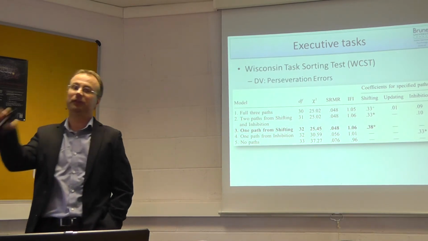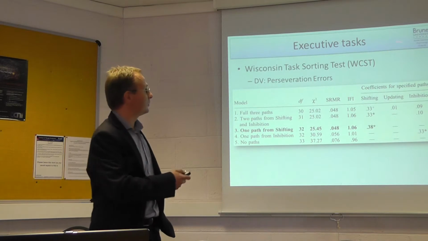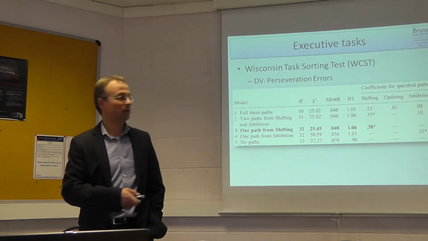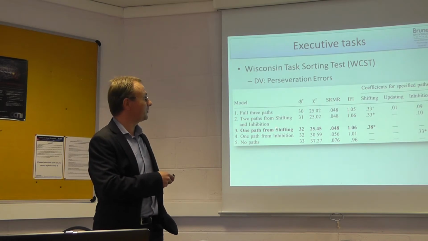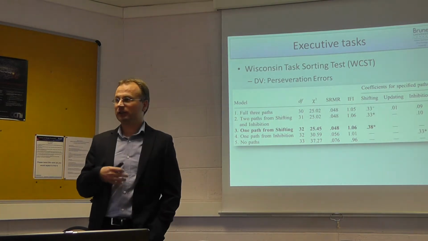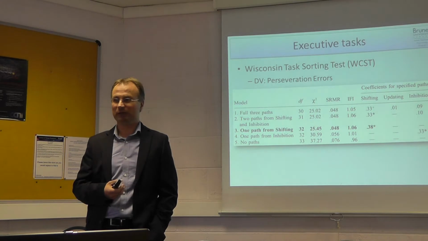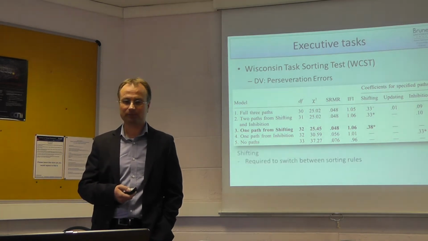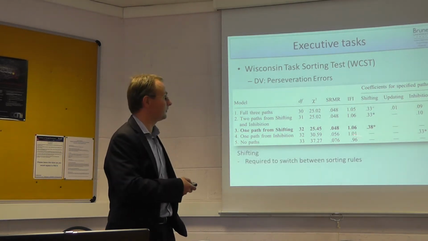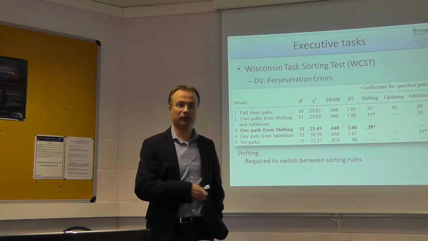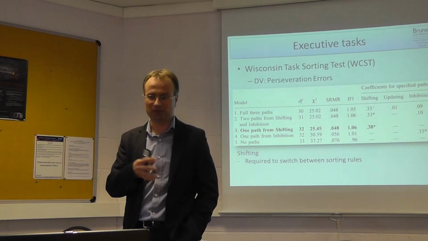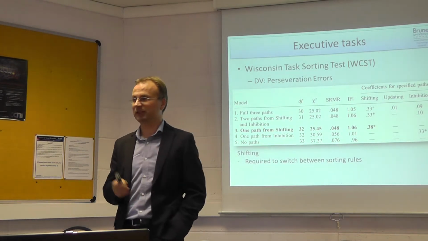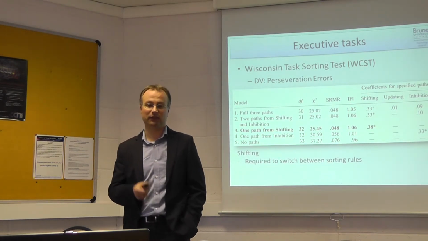Or if you want to turn it around, you could say the Wisconsin card sorting test, with the stuff tested in this study, is mostly relying on your capabilities to shift between vector sets or tasks, which is not very surprising, given that in the Wisconsin card sorting test the crucial thing is the ability to shift between things.